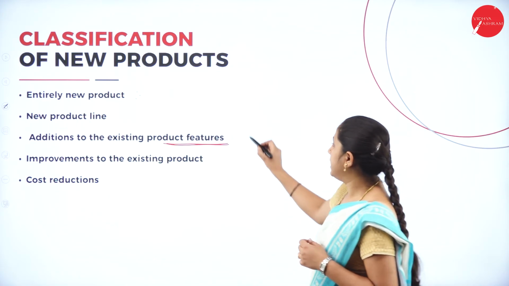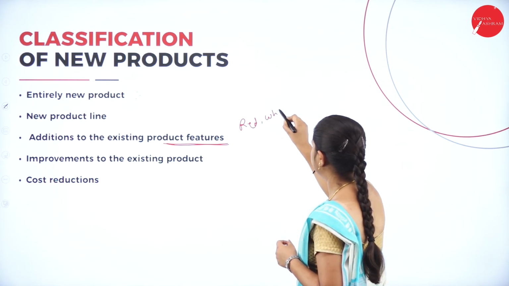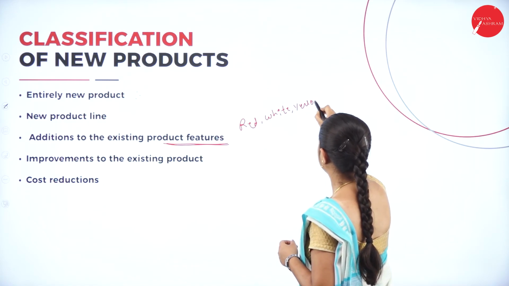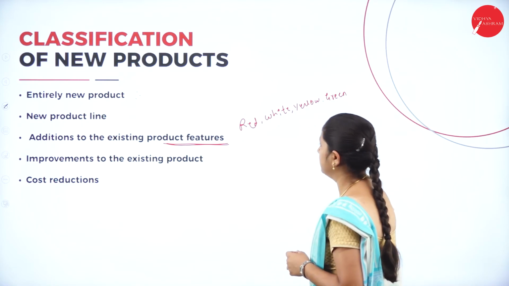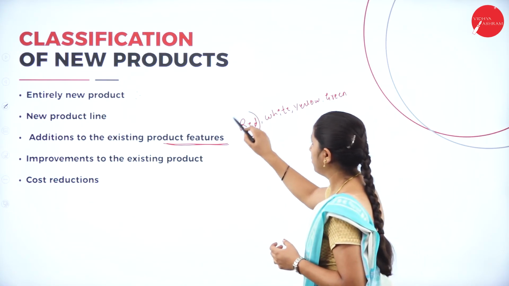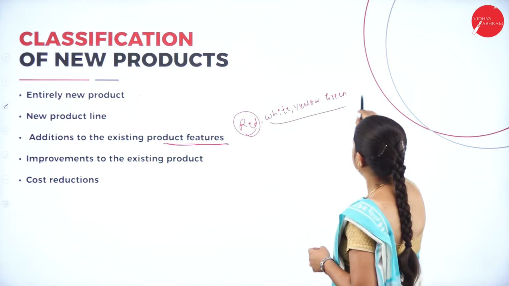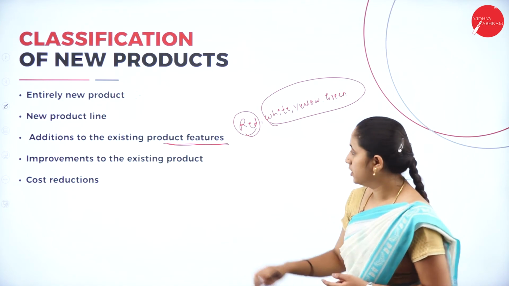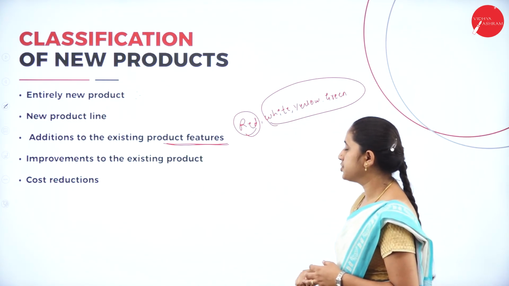We have red color, white, yellow, green. So from the original product, for the existing product, they add new features. So this is addition to the existing product features.